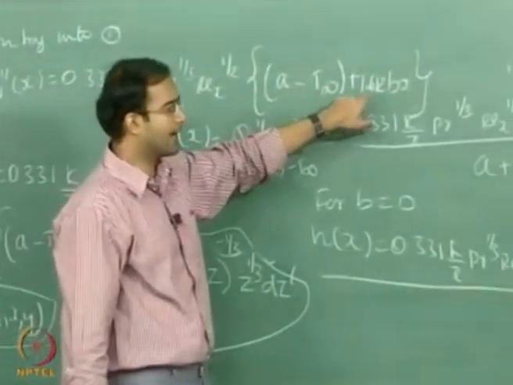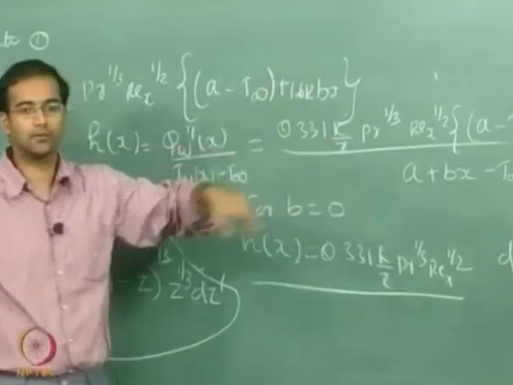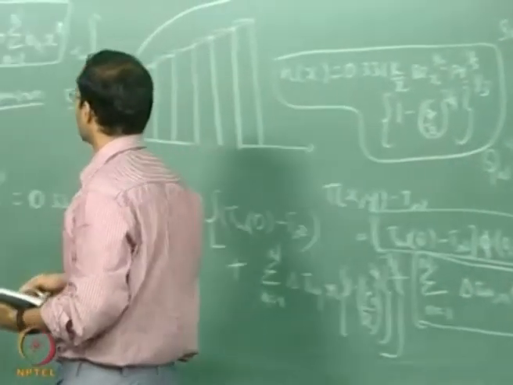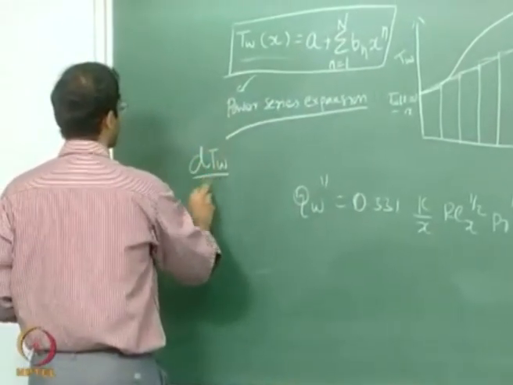here. So you had a term here, dT wall by d zeta. So now you have to calculate dT wall by d zeta for this. What will be the expression for dT wall by d zeta?